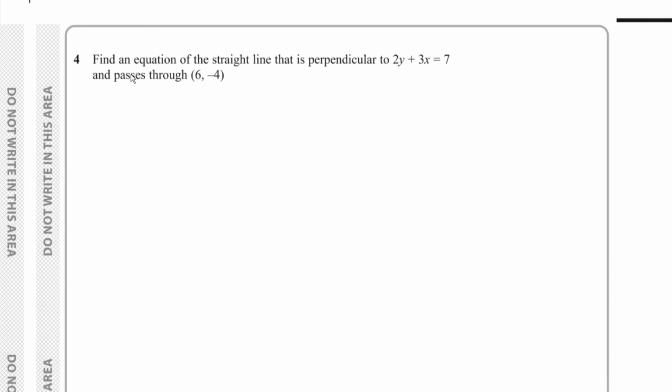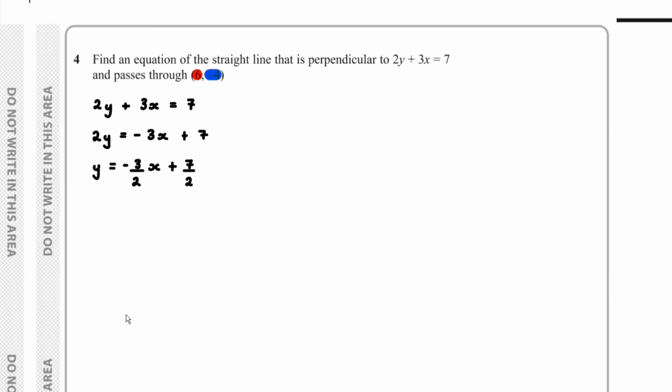Question number 4. Find an equation of the straight line that is perpendicular to 2y plus 3x equals 7 and passes through (6, negative 4). To begin with, we have our equation 2y plus 3x equals 7. And if we rearrange, we can see that 2y is equal to negative 3x plus 7, and if I divide both sides by 2, we can conclude that y is equal to negative 3 over 2 x plus 7 over 2.